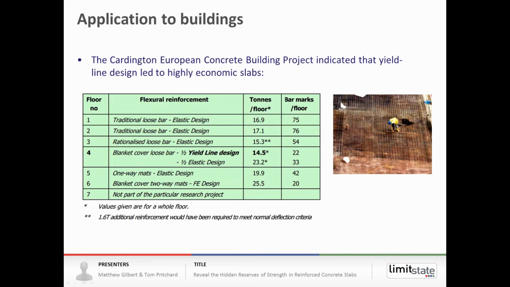So there was a large-scale building constructed at the big hangar at Cardington, and what they found was that using yield line design they could end up with the lowest amount of reinforcement in terms of tonnage, but also comparatively simple arrangements, so only 22 bar marks compared with, for example, 75 or 76 with traditional elastic design.